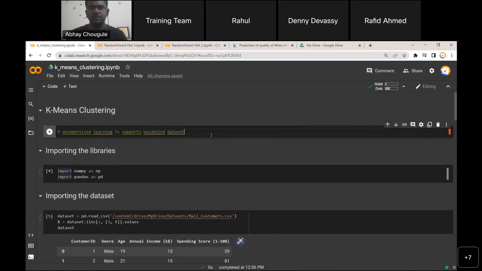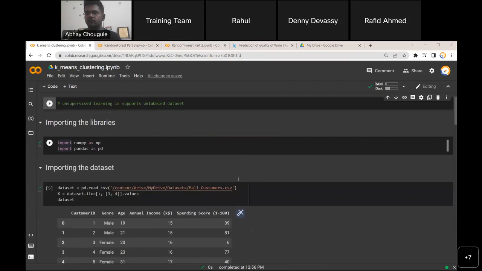What is the meaning of labeled and unlabeled? You cannot have any kind of dependent variable. In unsupervised learning, you will not get any prediction values. On the basis of your observations, you have to find out which category it belongs to.